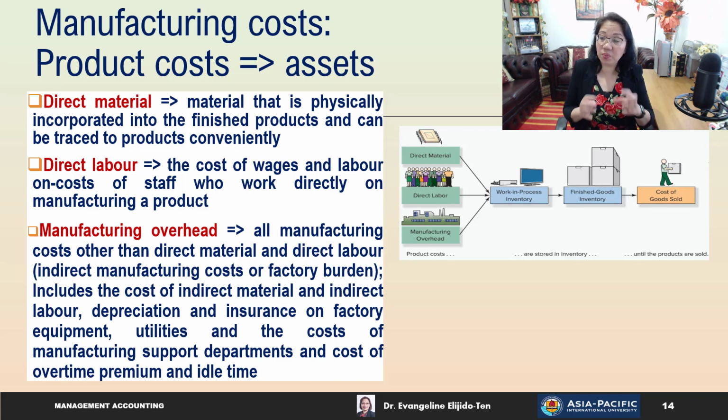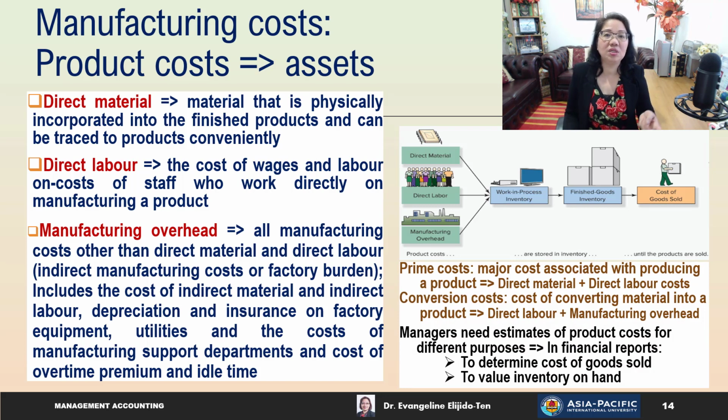And once it's completed, it goes on to finished goods. And up to that point, it's still considered asset. Why? Because we haven't sold the finished goods and therefore it has future economic benefit. But once these goods are sold, then it goes on to an expense account called cost of goods sold.